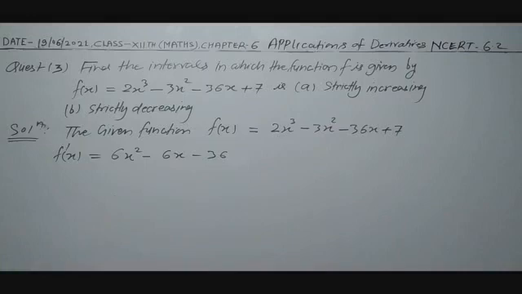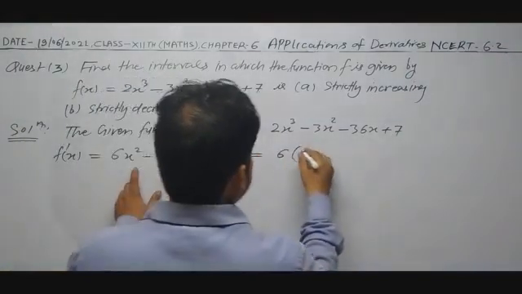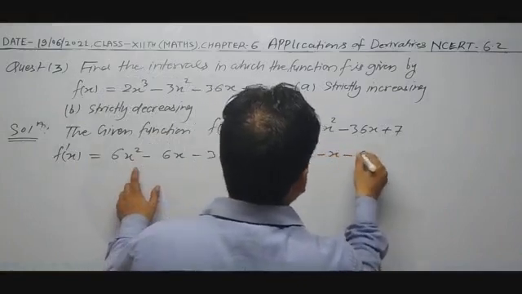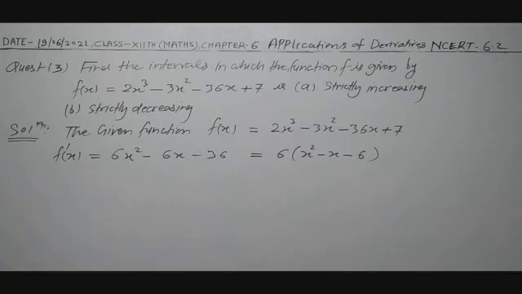You can take common 6 from these three terms. So what will be the result? 6 in bracket x square minus x minus 6, and after factorization, the result is 6 times x square minus x minus 6, which you can write as x minus 3 and x plus 2.